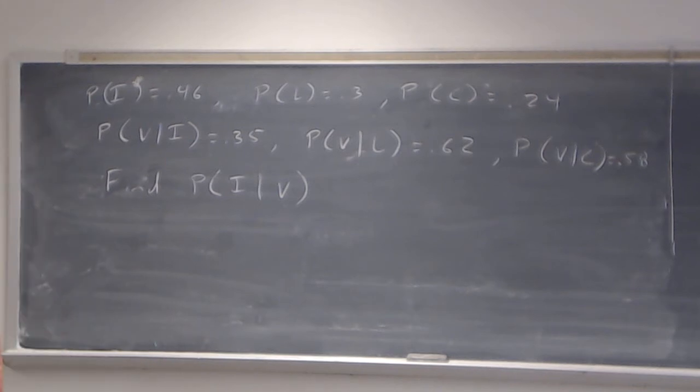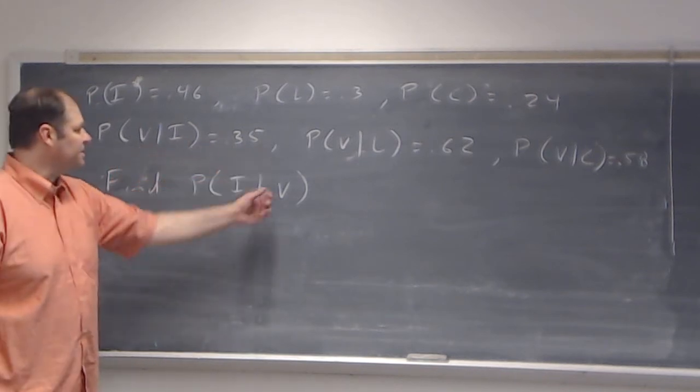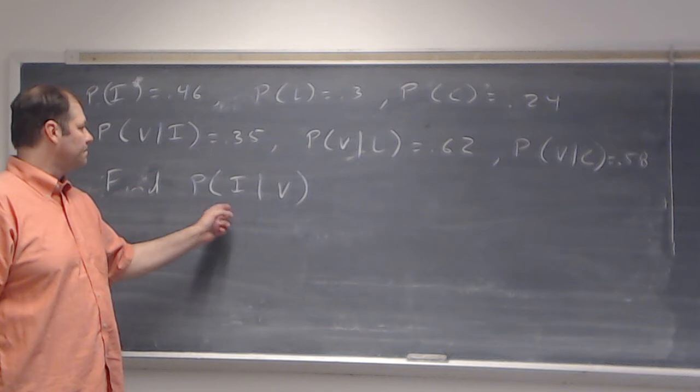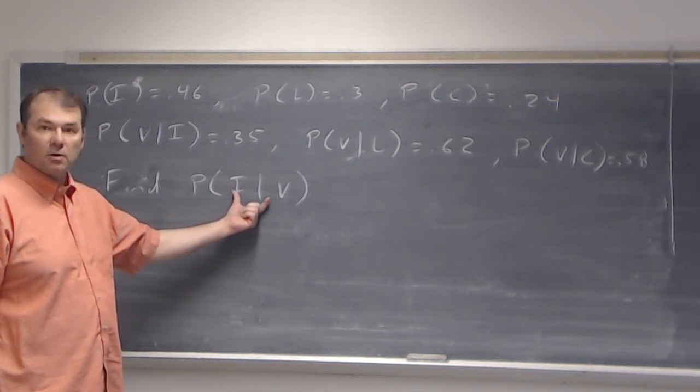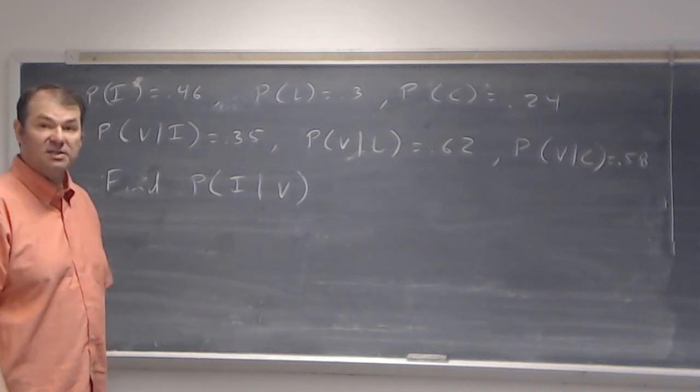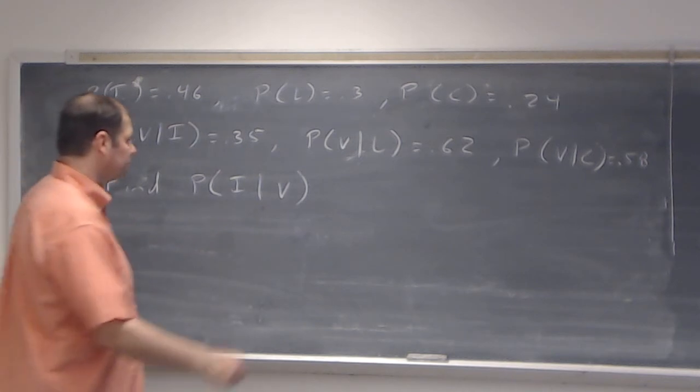So here, the information that's given to me doesn't match the conditional probability setup, and I need to switch it. The way that I can switch it is using Bayes' theorem.